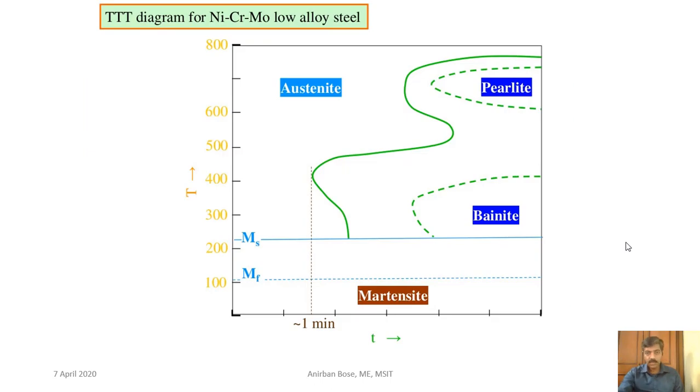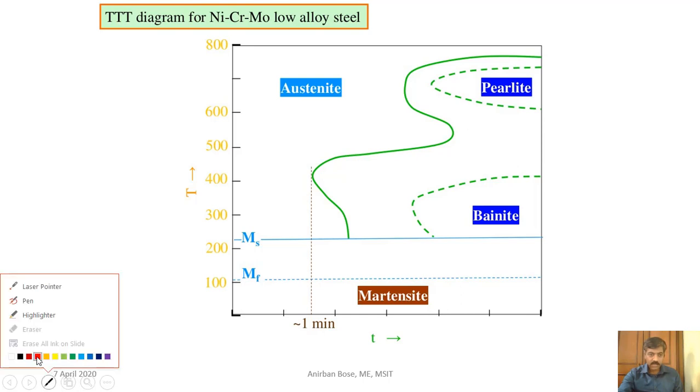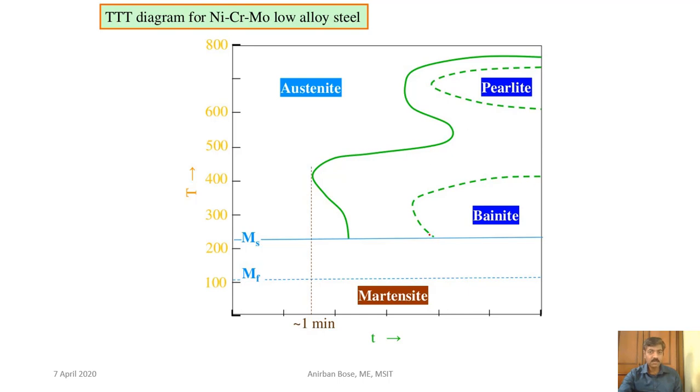So the idea will be clear if you look at this picture. You can see that this is the pearlite transformation start, and this dotted line indicates the pearlite transformation end, whereas this line indicates the bainite transformation start, and this dotted line indicates the bainite transformation end.